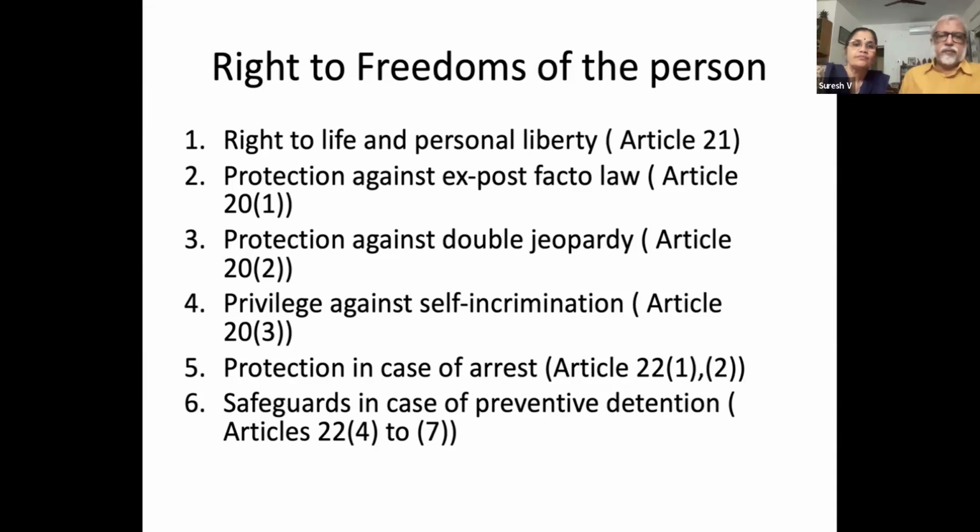Then we are going to Article 22. Now, Article 22 is about the protection in case of arrest. Now, because you're talking of Article 21, which is your right to personal life and liberty, and the moment a person is arrested, what happens? First, your liberty is definitely curtailed the moment you are arrested.